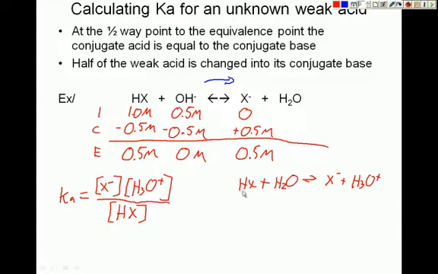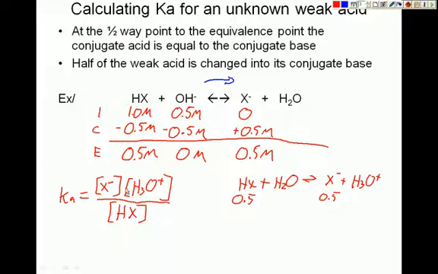So this is still going to have an equilibrium concentration of 0.5, and this is also going to have a concentration of 0.5. Now, that leaves just this.